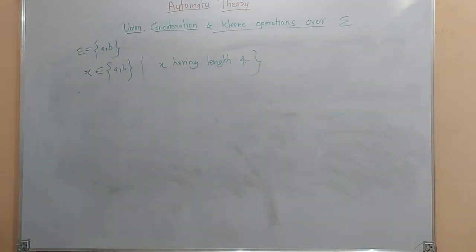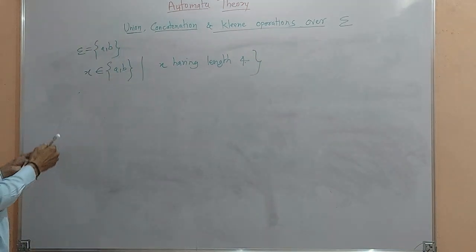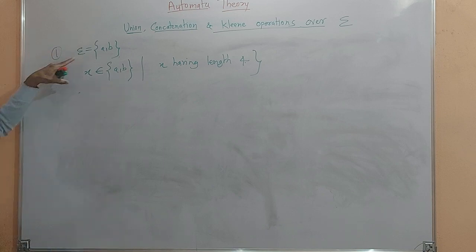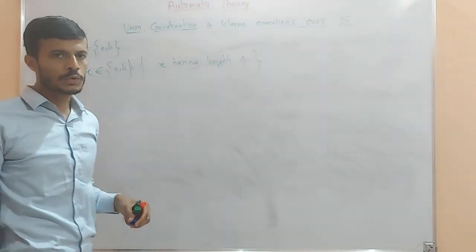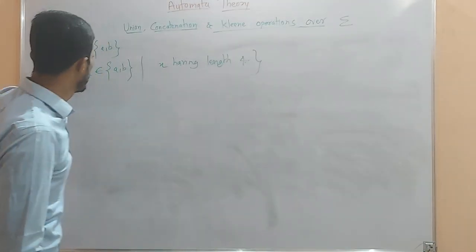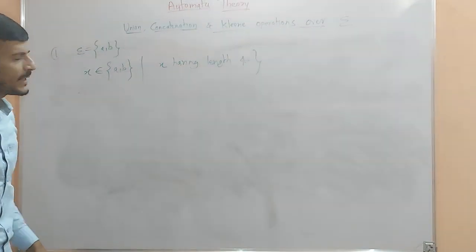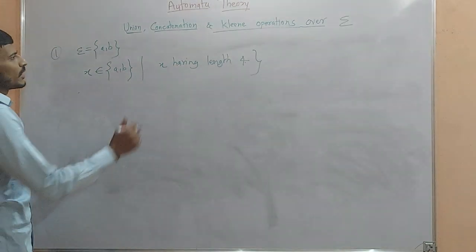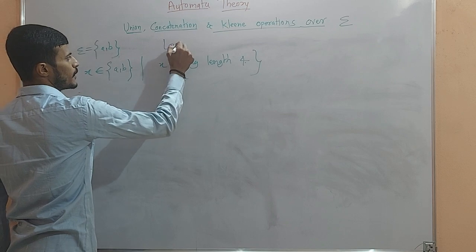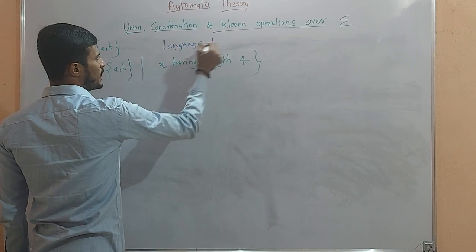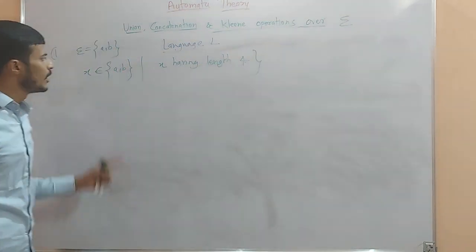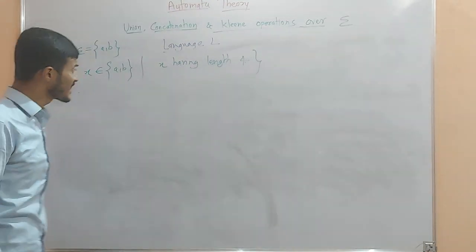So that is the example. Summation is equal to {A, B}, means we have two alphabets A and B, and we have to find out a language L over this condition. So what is the condition?